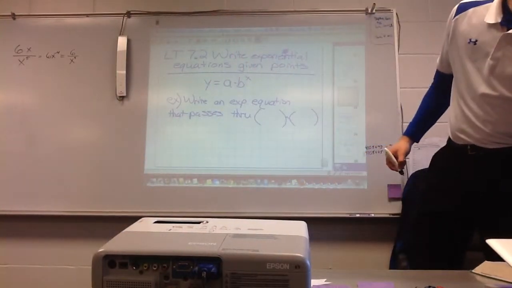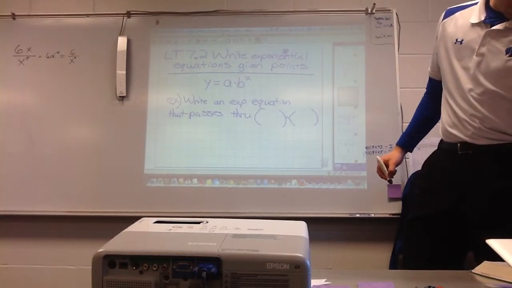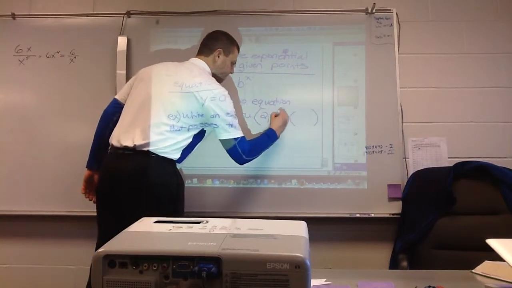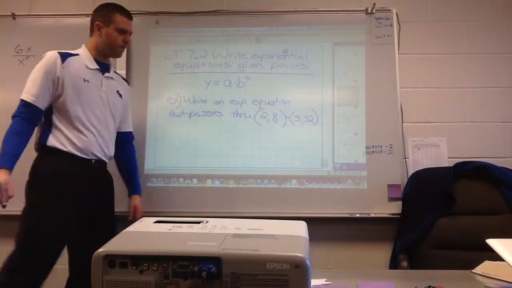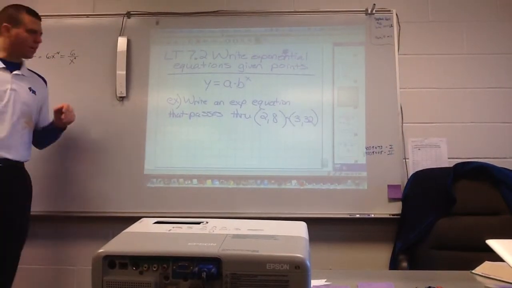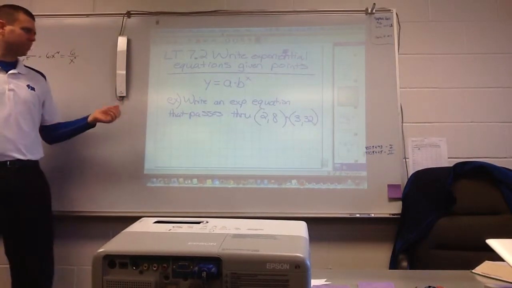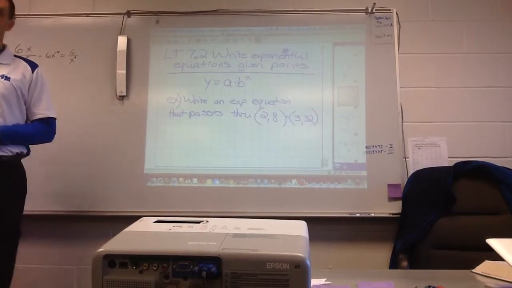I'll pick (2, 8) and (3, 32). So I'll give you a couple coordinates here, and I'm saying there is some exponential equation that passes through those two coordinates. We've got to figure out what that equation is.